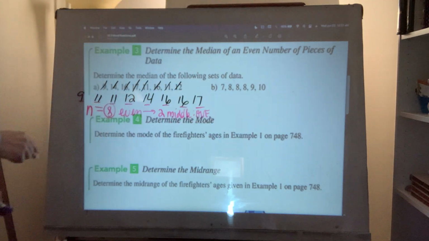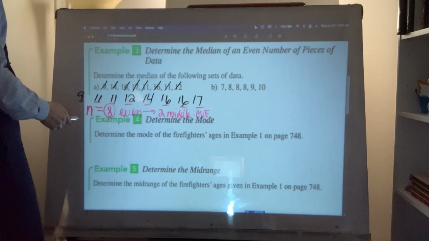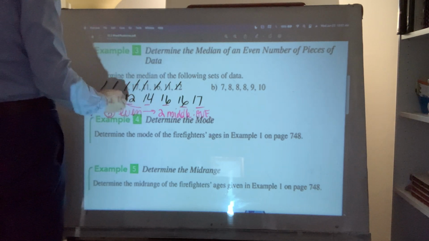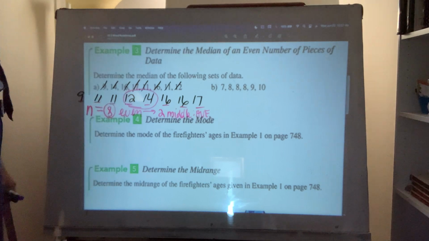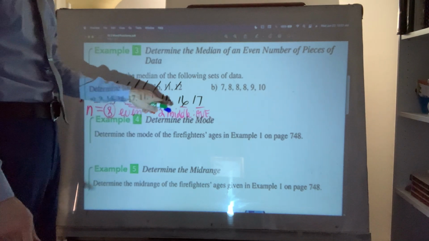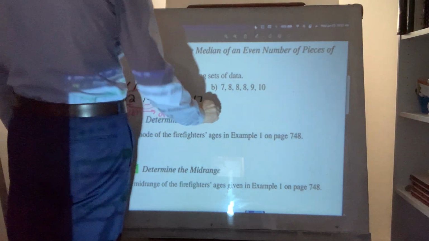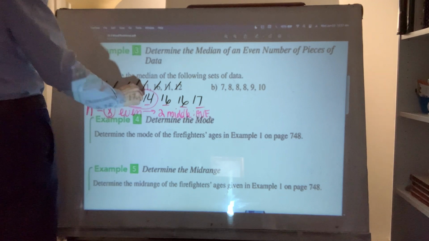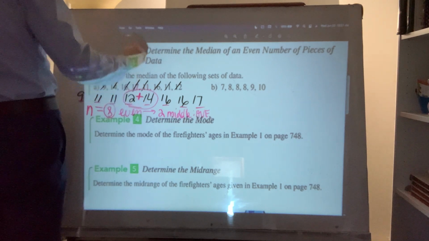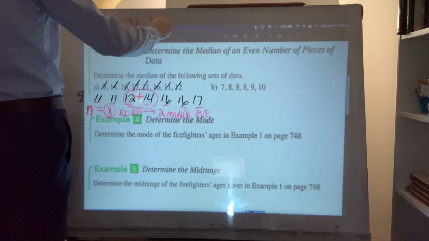So, again, if you have a limited bunch of data here, it isn't too difficult to go, well, these are the 2 things in the middle. There are 3 data values before, and there are 3 data values after. And you take an average of these 2, which would be 12 plus 14, which is 26, and you divide by 2, and you would get 13.